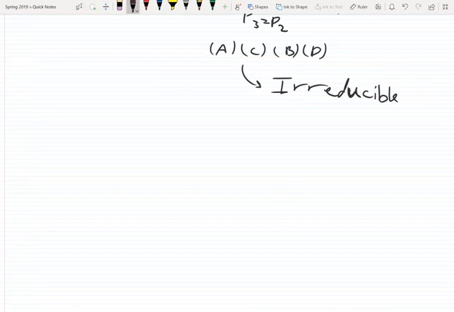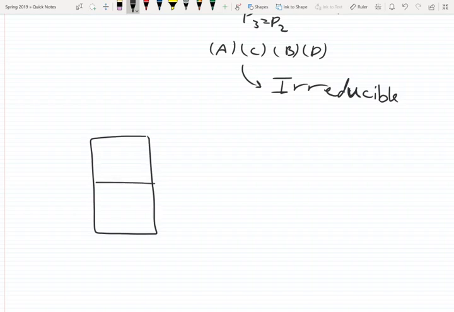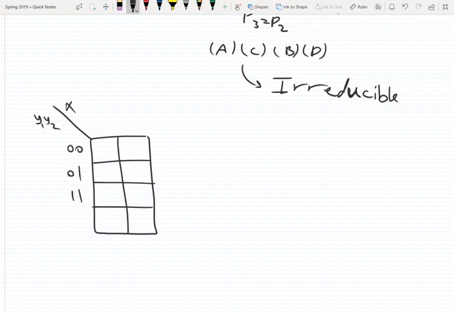And the table will be equal to this table. So it's X, the present state Y1, Y2, Y1, Y2, 0, 0, 0, 1, 1, 1, 1, 0, 0, 1.